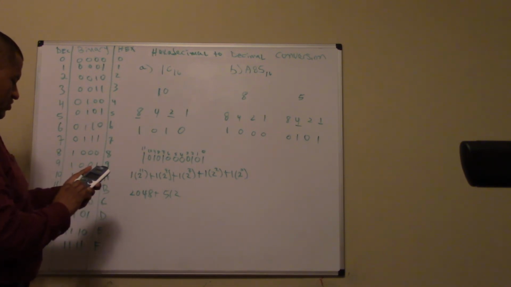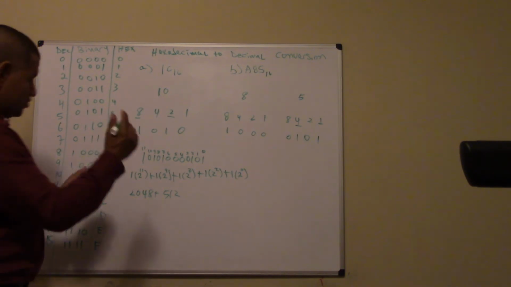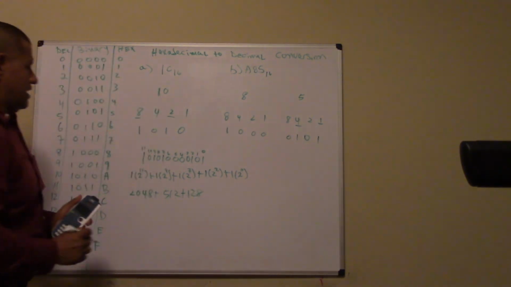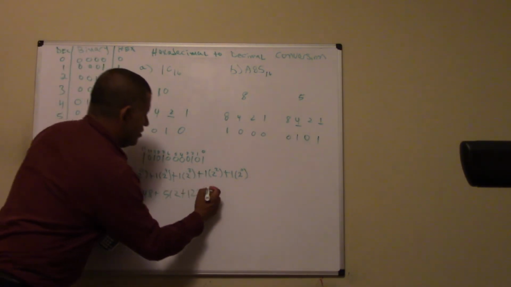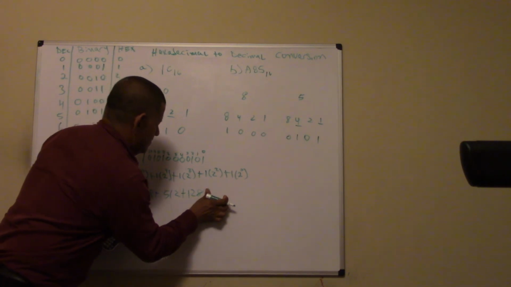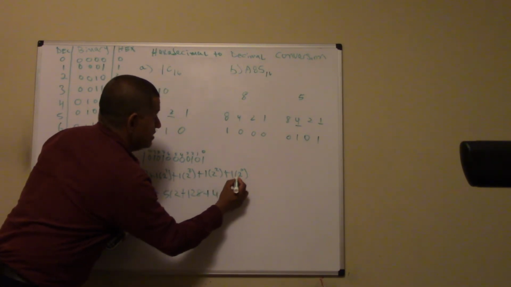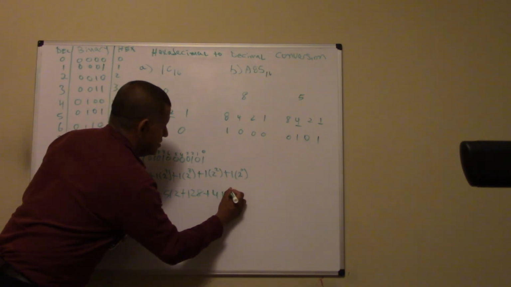So 2 to the 2nd power to the 7th power is 128, and then this is 4. This is 4, and this is just 1, right?